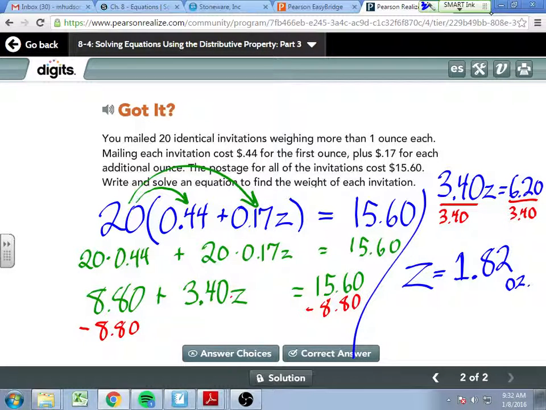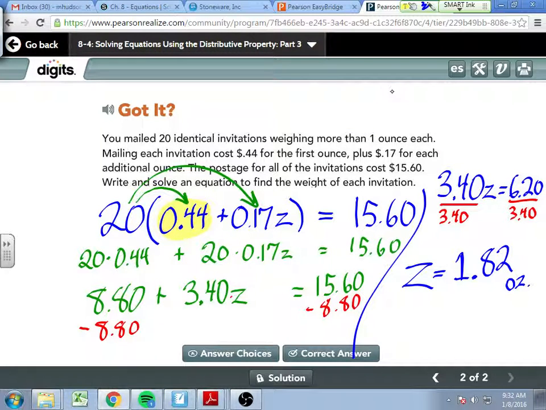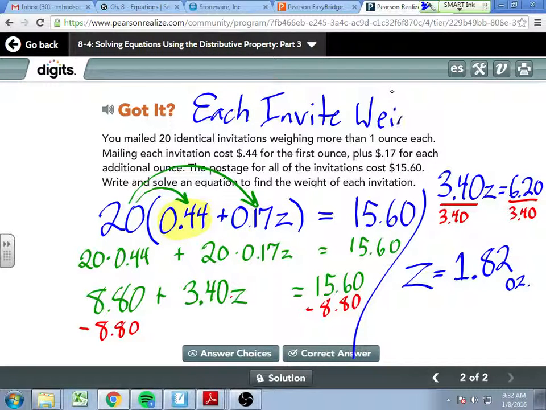The first hour was already included. This was my first ounce. So what we find out now is that each invite weighs 2.82 because this is the extra ounces on top of the first ounce.